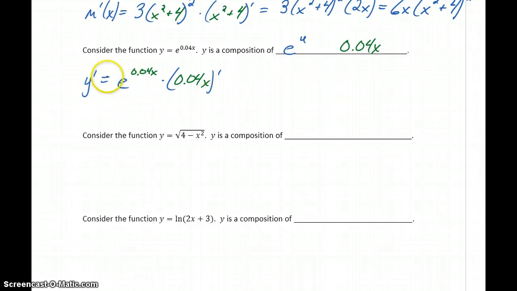So again, the exact same rule for differentiating exponents, except instead of e being raised to the x power, now it's being raised to some function, and then we take the derivative of that inner function. So this will just be 0.04 e to the 0.04x, because the derivative of 0.04x will just be 0.04.